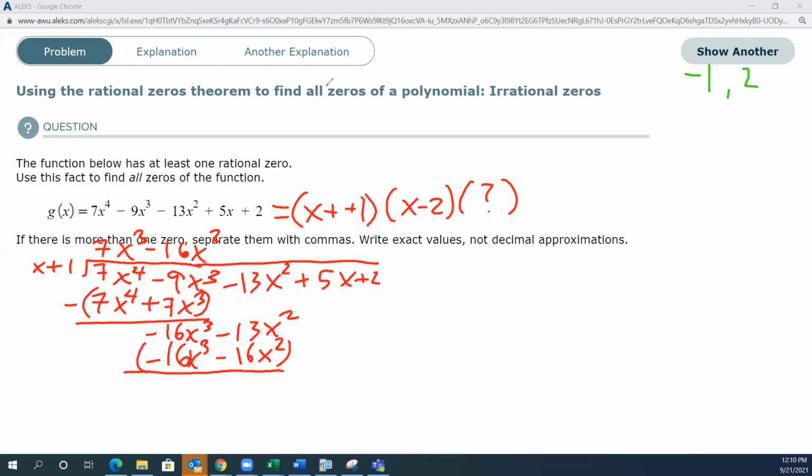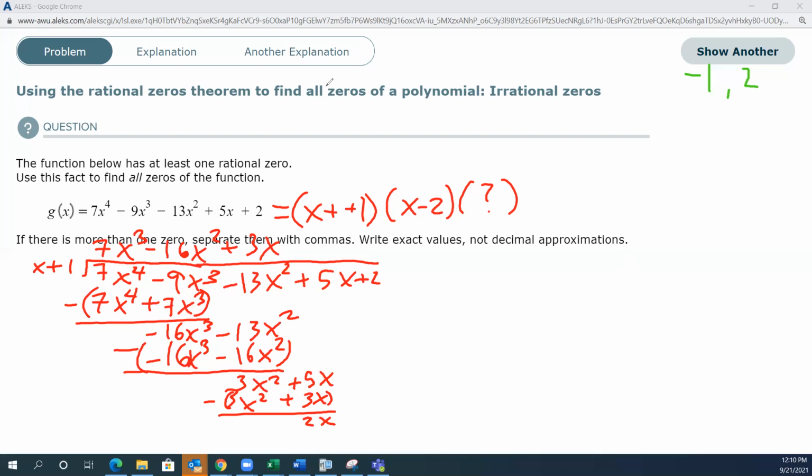Then I subtract, and I get 3x squared. All right, bring down the next term, 5x. And I multiply by 3x and get 3x squared plus 3x. I subtract, and I get 2x.